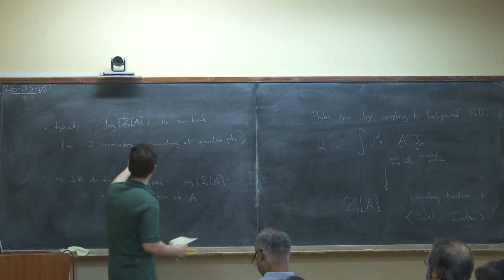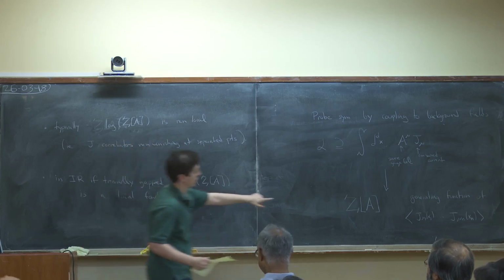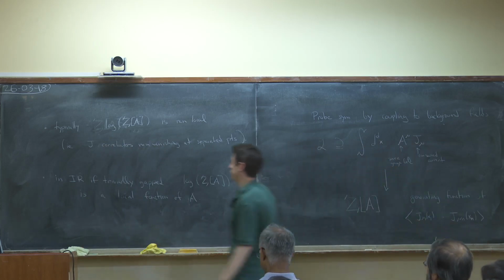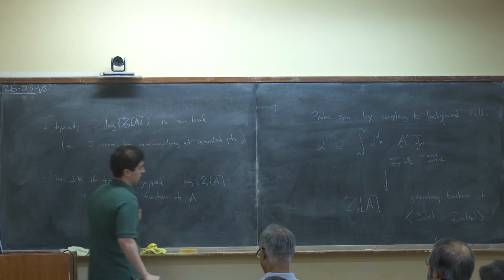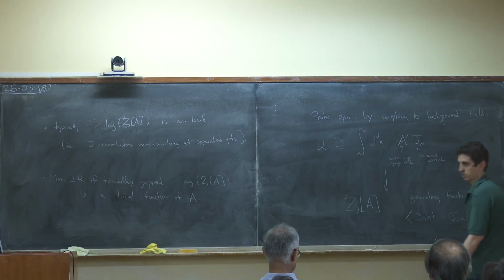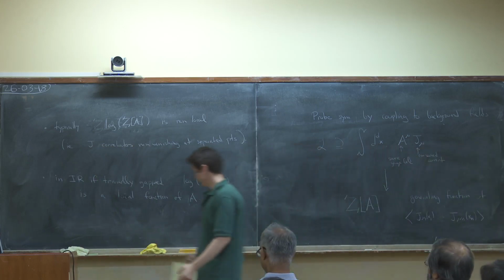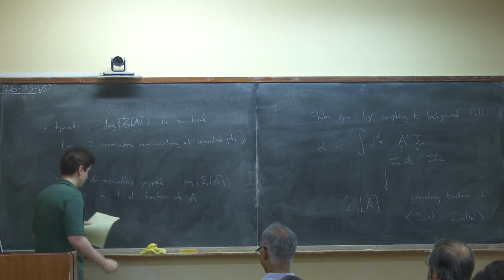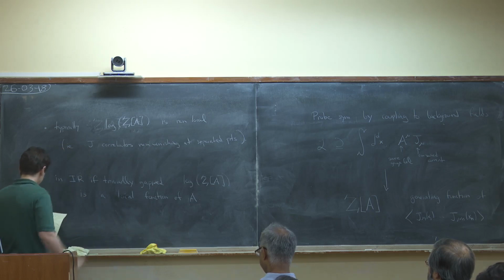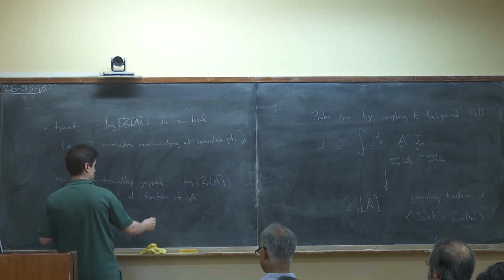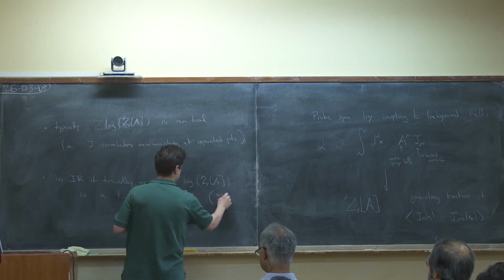That means if we think again about this object as a generating function of current correlators, then in a trivially gapped theory, the operator J is redundant. Its correlators reduce just to contact terms. Sometimes such a thing is called an SPT phase. This is a local function of A, which is of course also gauge invariant.